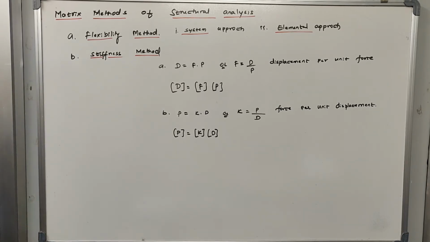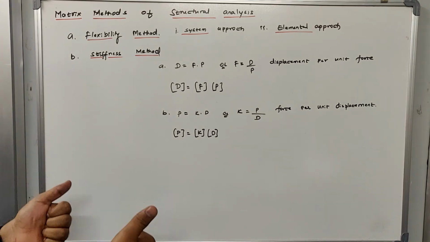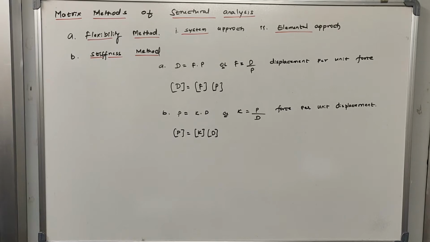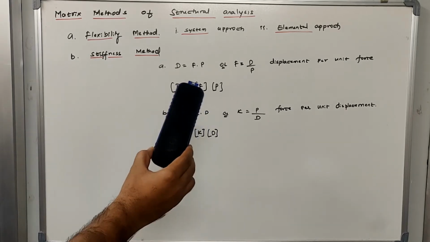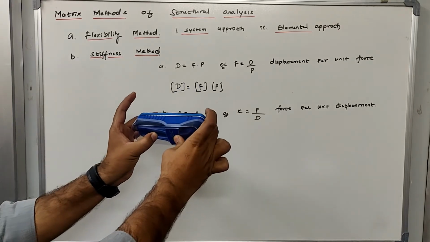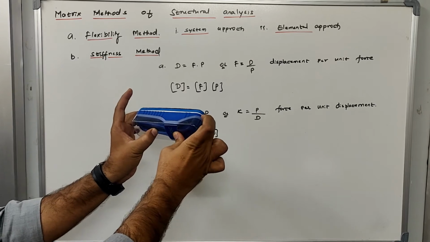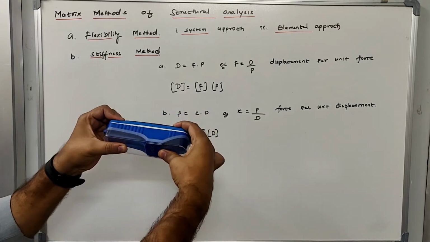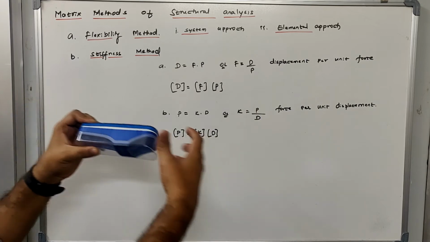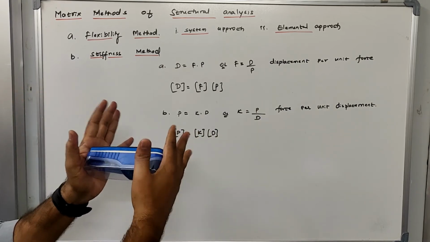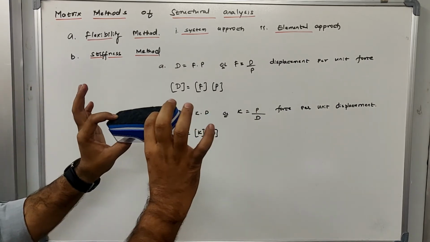Now stiffness means anything that is difficult to deform, we call it a stiff element, right? If I take this duster, it is difficult to deform it. You cannot bend it, you cannot pull it out, you cannot extend its length, or compress it. This is a stiff element.